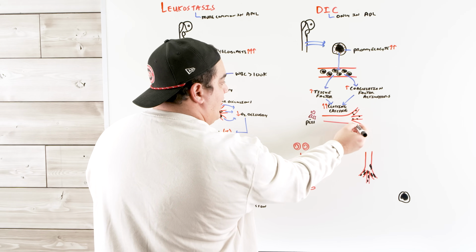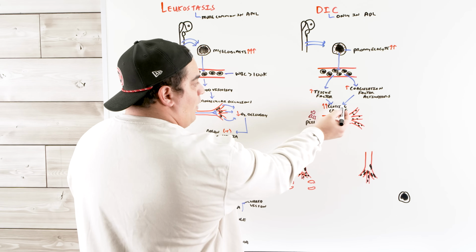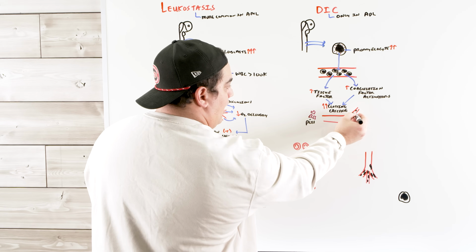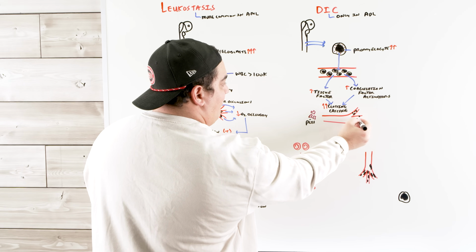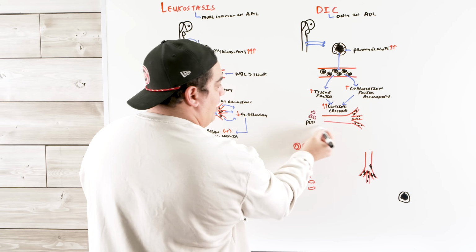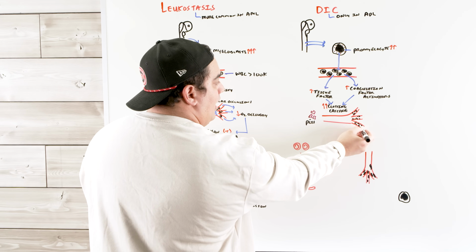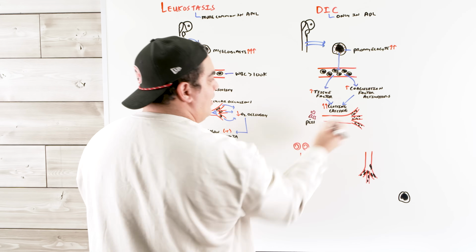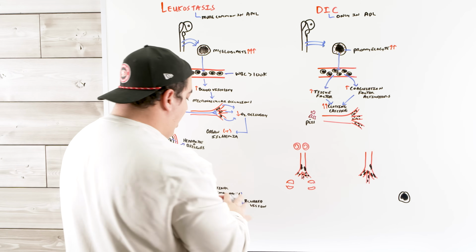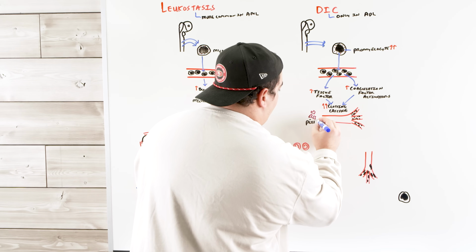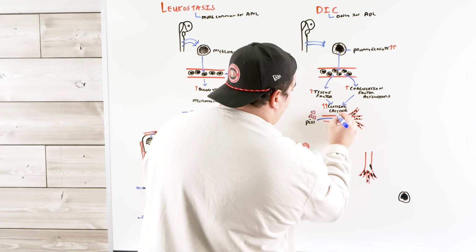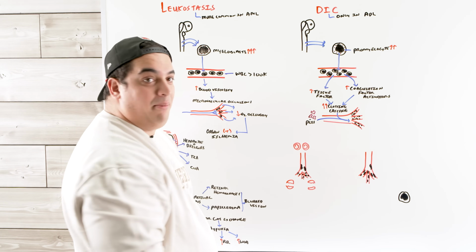When the platelets stick to the endothelium, that activates other coagulation factors. And these coagulation factors will then start, again, triggering that fibrin mesh to form. So platelets start the primary hemostatic plug, and the coagulation cascade leads to the secondary hemostatic plug.